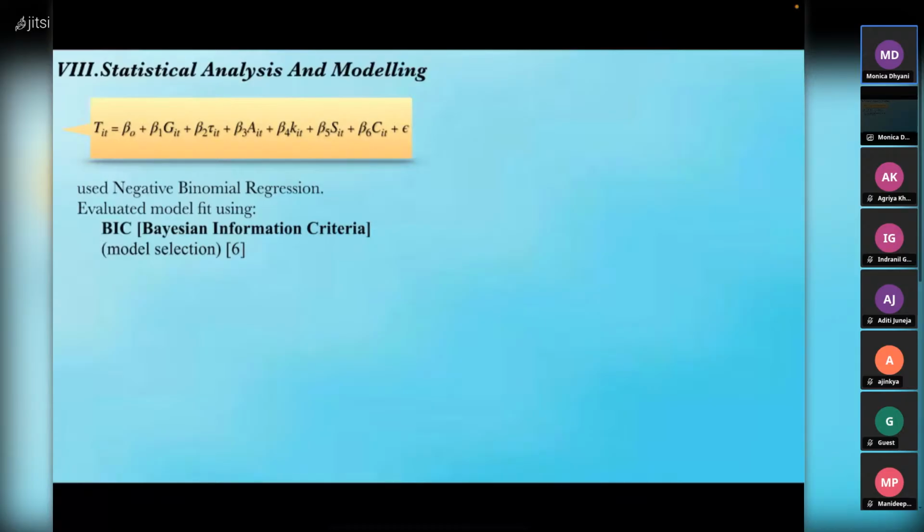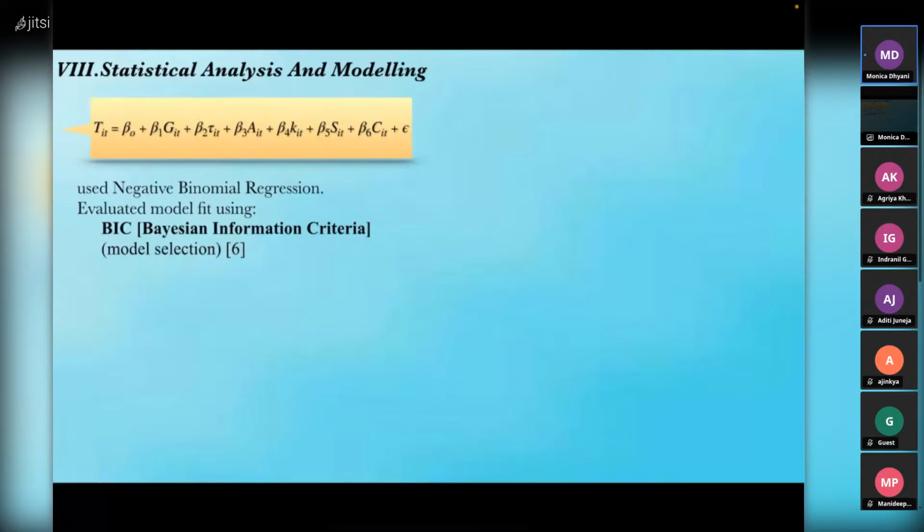Regression is the statistical technique where we model the relation between the dependent variable and independent variables, where independent variables can be more than one, and we see the effect of independent variables on the dependent variable. So I had these many variables, and my equation looks like this.